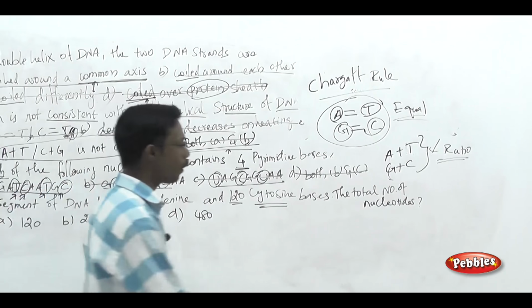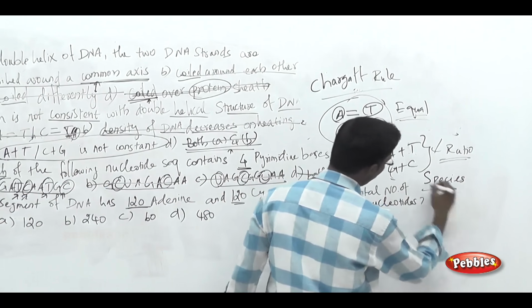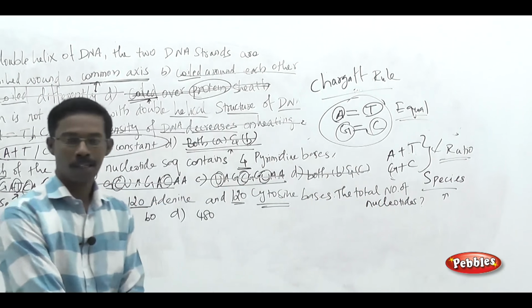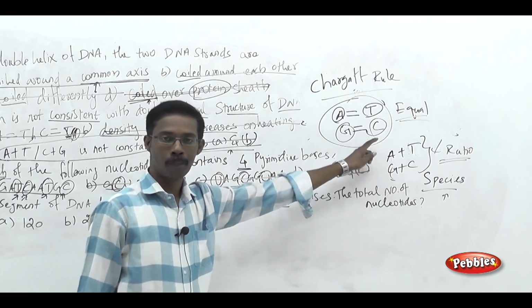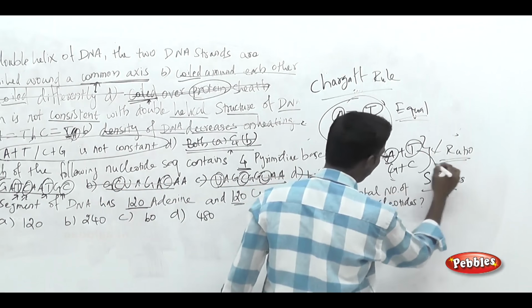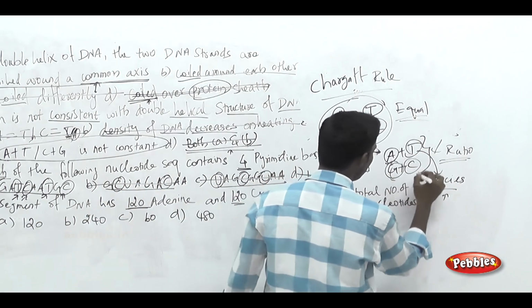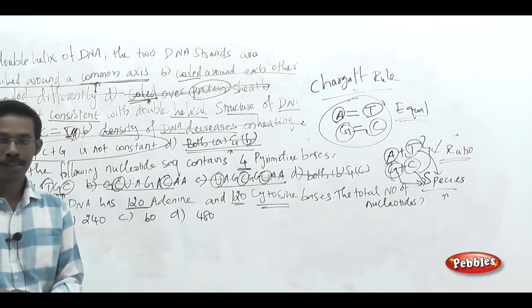For each and every type of species, this ratio is constant. That means the number of adenine and thymine is constant for the particular species, and in the same species, the number of guanine and cytosine is also constant.